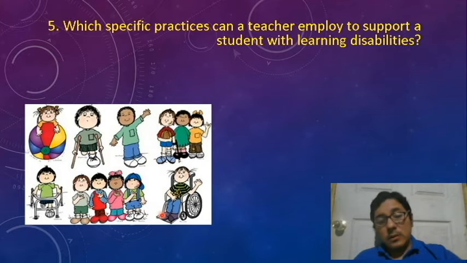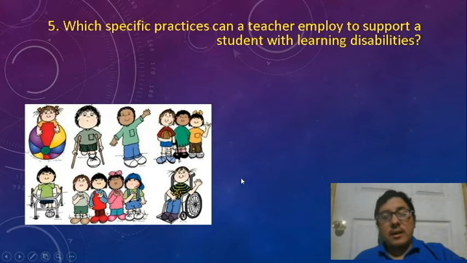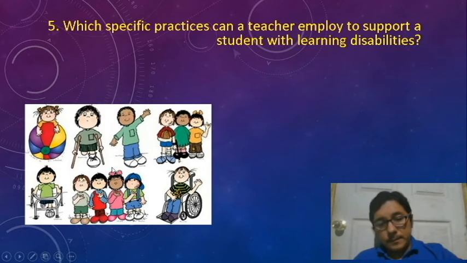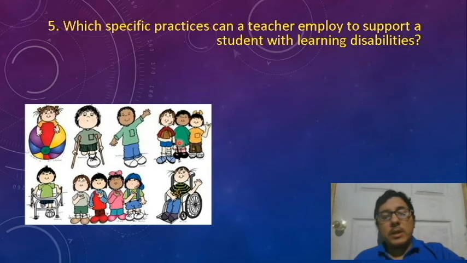By doing this, we could check if they are getting the ideas of the class or not. 2, treat these children as if they had no disability. This might help them feel part of the group. 3, dedicate some time out of school to catch up with the lessons they have not understood.